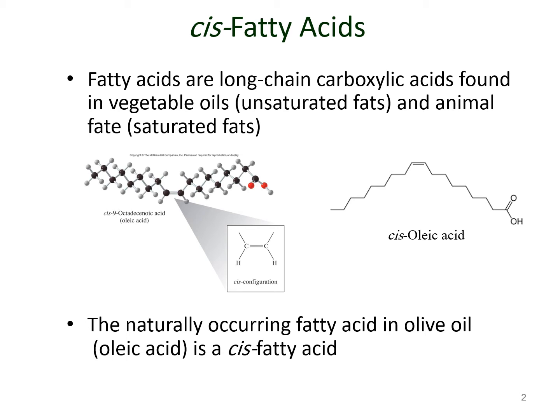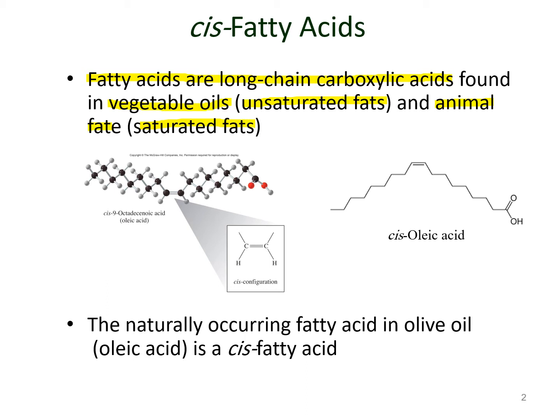So fatty acids by definition are long chain carboxylic acids that have got two main sources. They are found in vegetable oils, where they are known as unsaturated fats, and in animal fat, which mainly provides the saturated fats.